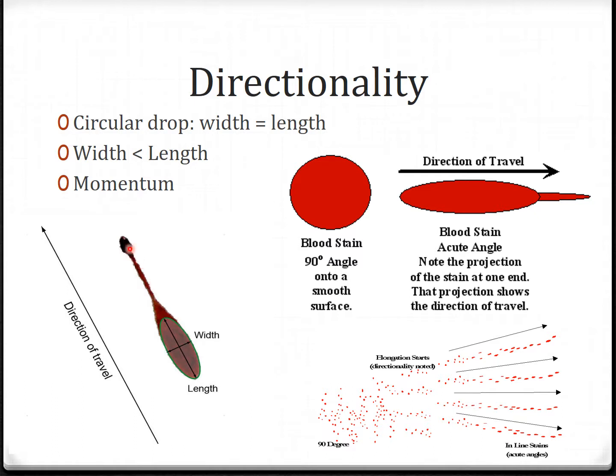So this tail is going to point in the direction that blood kept moving. There may be secondary or satellite drops that appear in front of that moving droplet of blood. So we may see extra drops of blood over here, little extra drops over there. So if you look at that overall pattern, you can get an idea of how this moved.